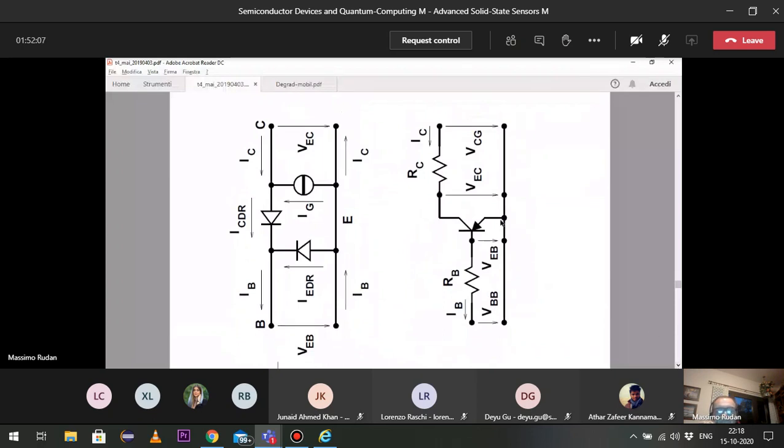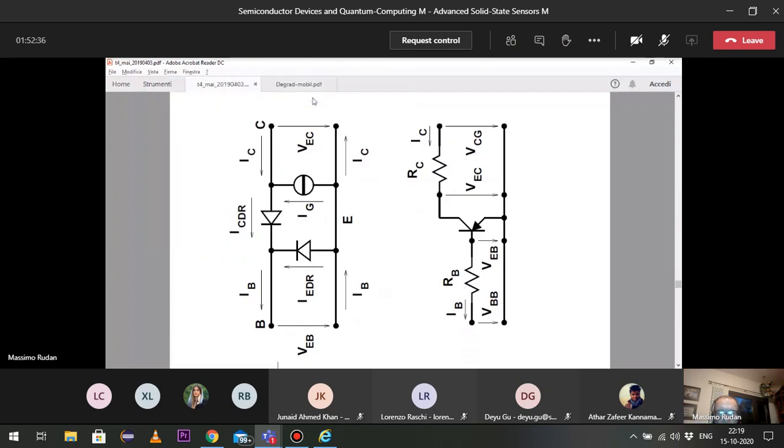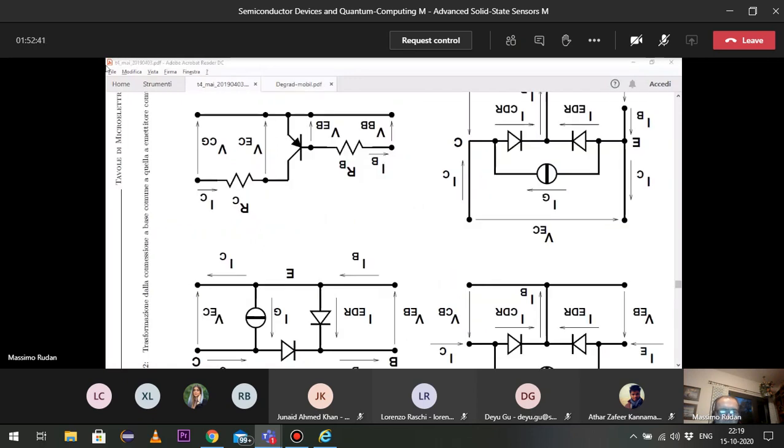Likely, if you have followed the explanations in some other class about the bipolar devices, you may remember that typically the equivalent circuit of the bipolar transistor is given using just one generator and not two generators, okay?